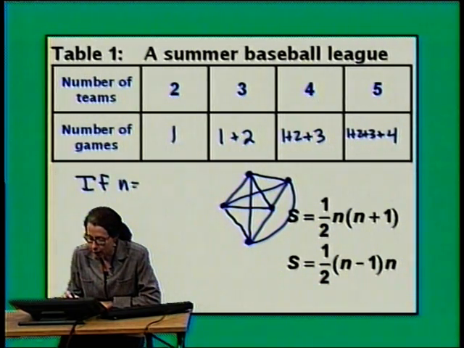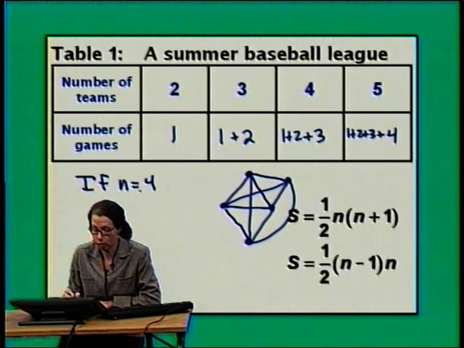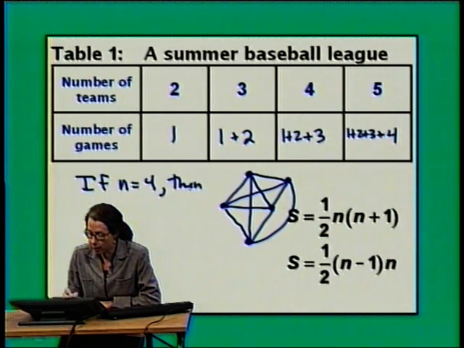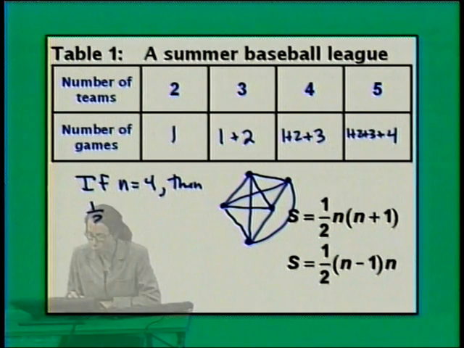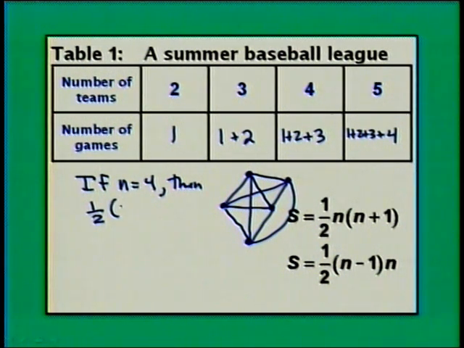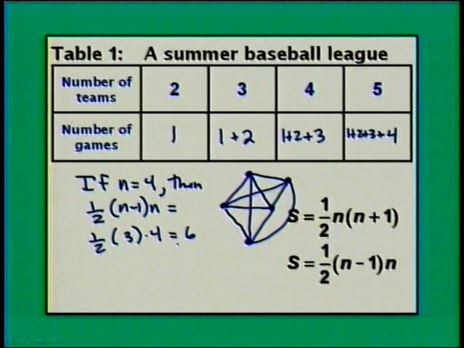If n equals 4, that means we have 4 teams, then the number of games played is 1/2 times, well, let me write my formula, (n minus 1) times n. That would equal 1/2 times (4 minus 1) times 4, which is 1/2 of 12, which is 6. And notice, I had 6 games. So my formula is working.